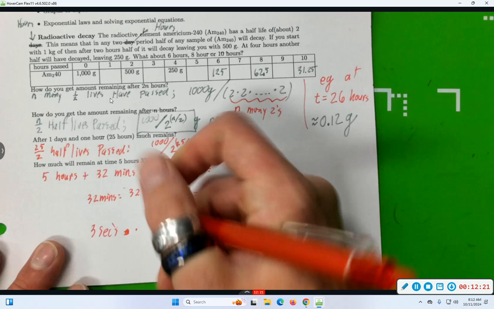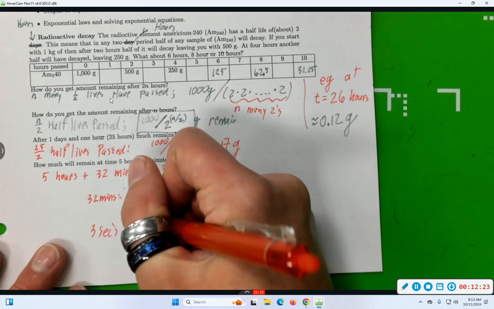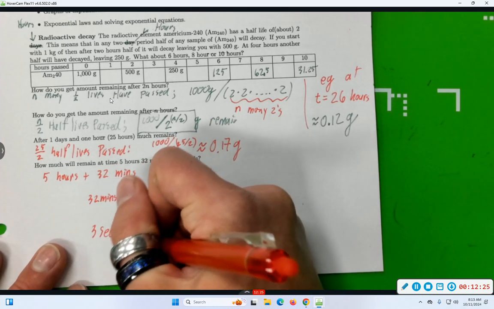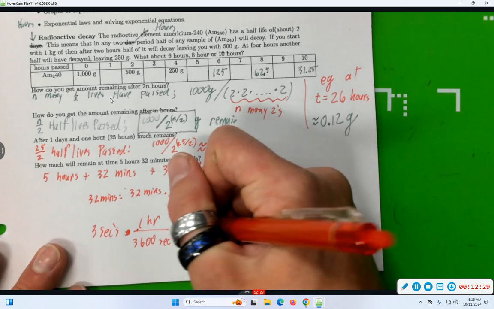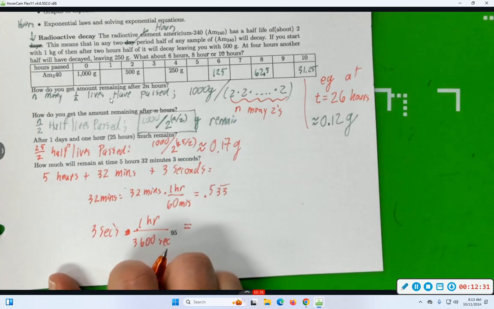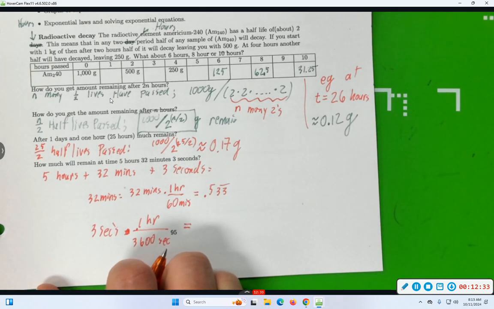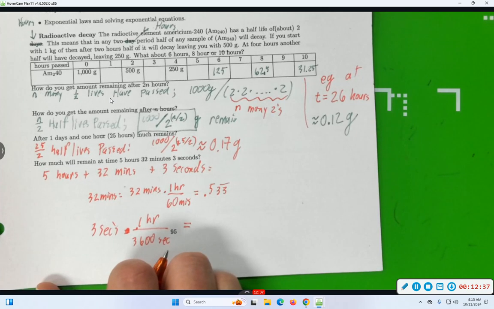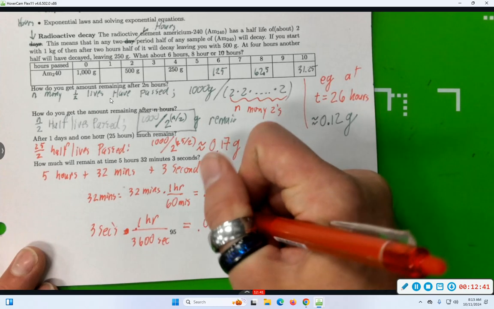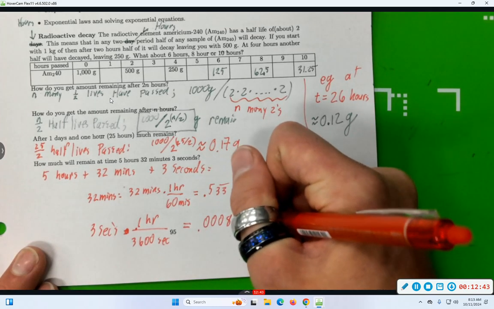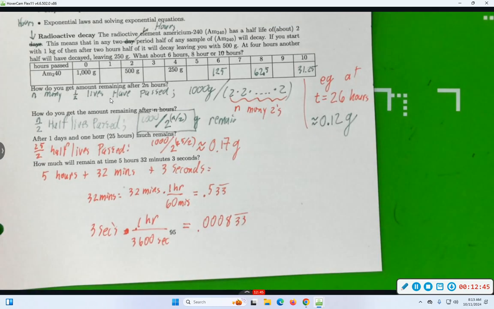So 3 seconds times 1 hour is 3,600 seconds. And you actually do that division, and it's 0.0008 and so on. Cool. All right, so we have enough information now to convert this to hours anyway.